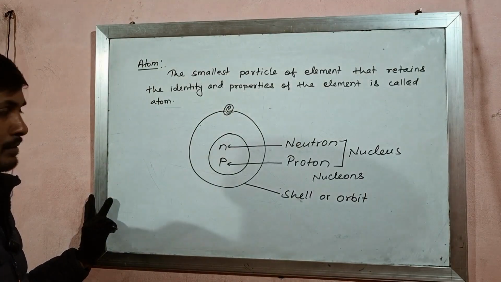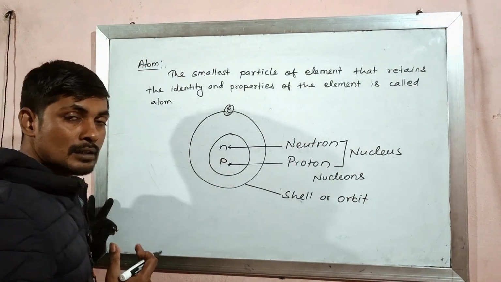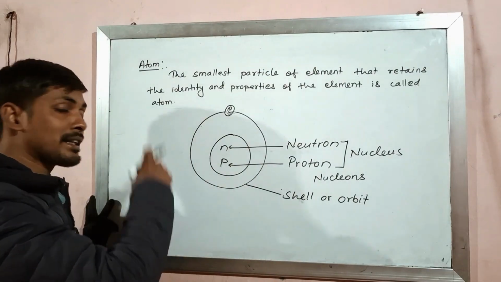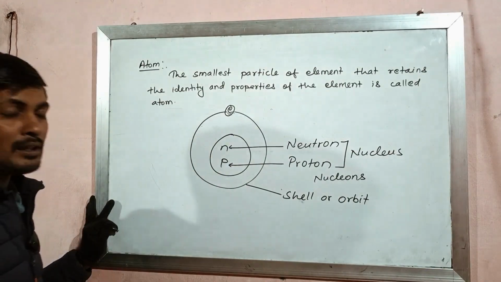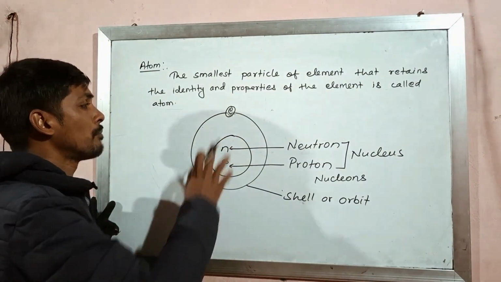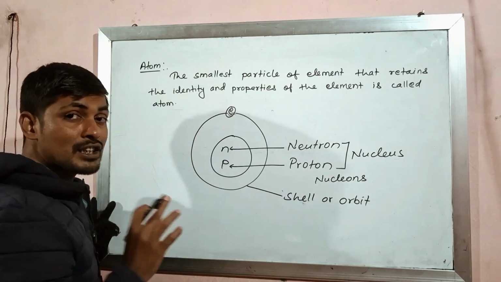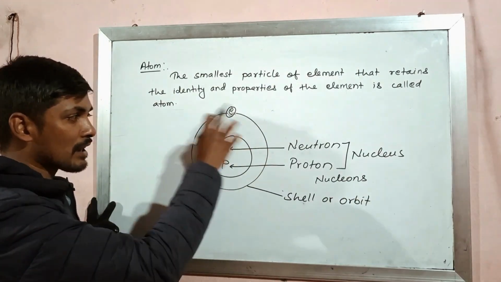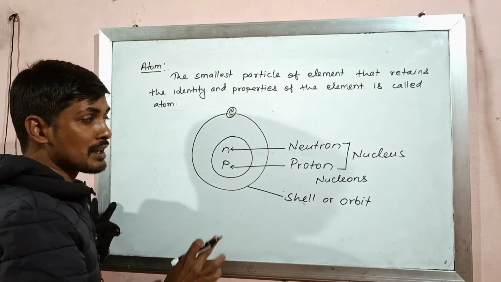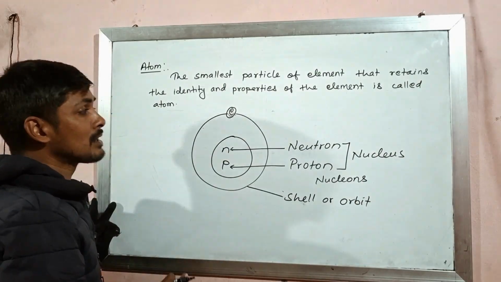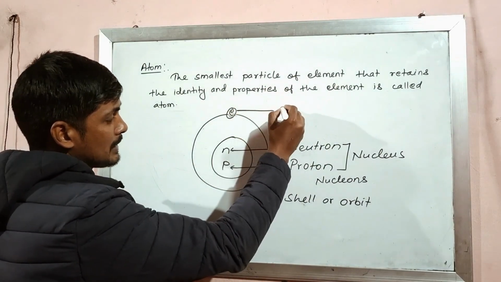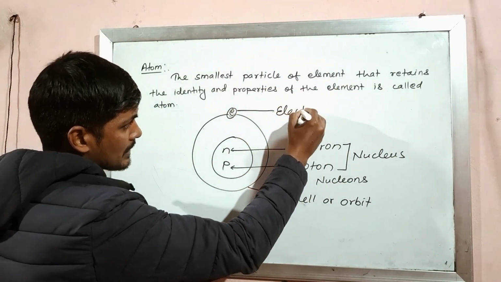This shell or orbit is an imaginary space in which the electron keep revolving around the nucleus. So this electron is not permanently placed in a fixed place, but it keeps revolving around the nucleus. And while revolving, it occupies certain space, certain path, that is called shell or orbit. Here E represent electron.